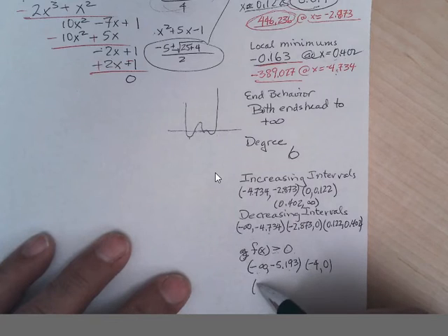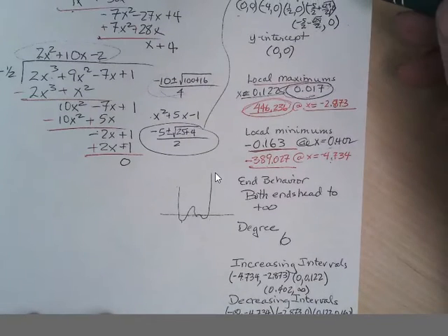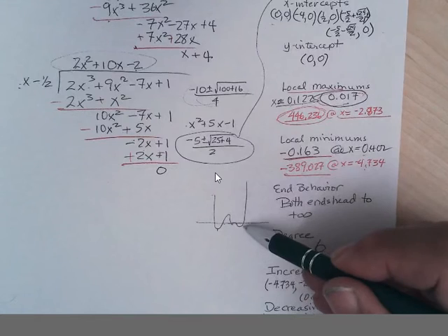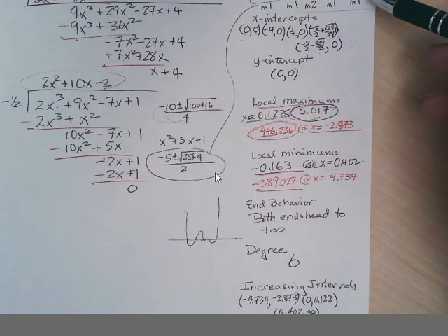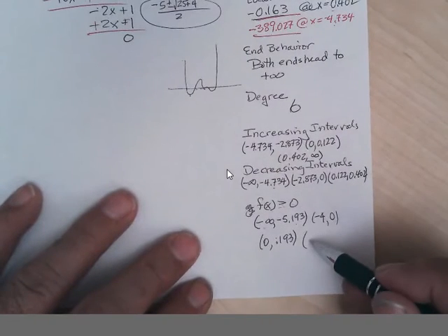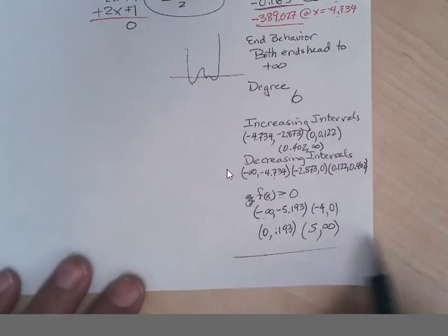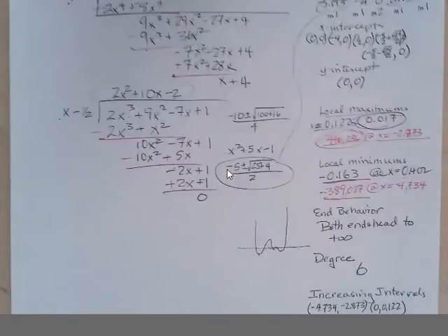And then from 0 to the next 0, which was 0.193, it was positive, and then it went negative, and then it came positive again after 0.5. So 0.5 to infinity, it was positive. That y was greater than 0. Okay, that's all of that.